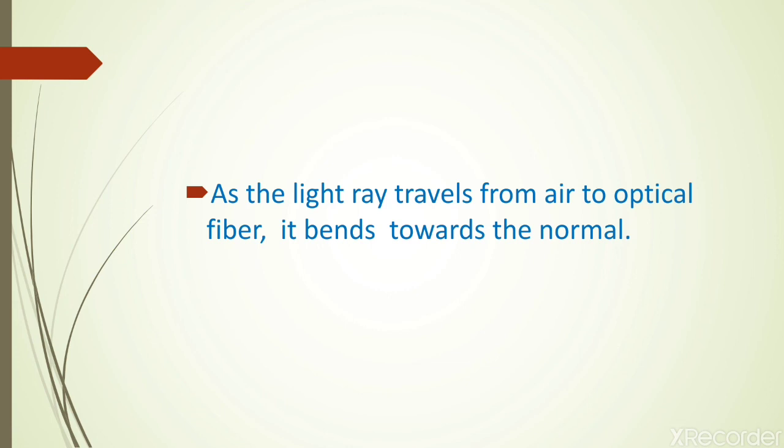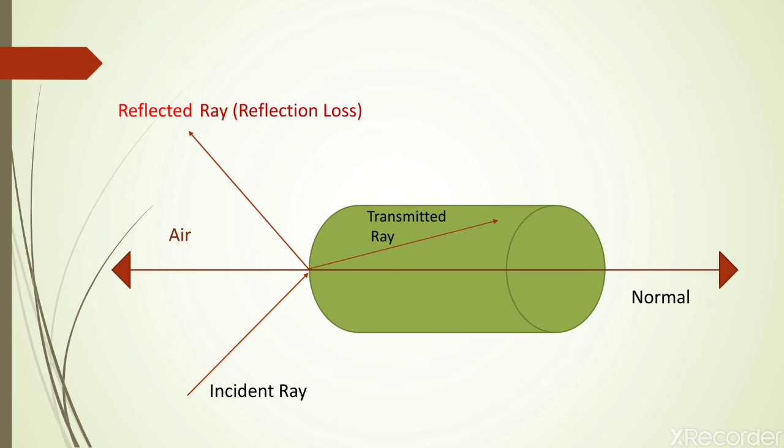So in this particular case, as the incident ray travels from the air to the optical fiber, it bends towards the normal. The scenario is shown in this particular figure. You see the transmitted ray in this particular figure bends towards the normal.